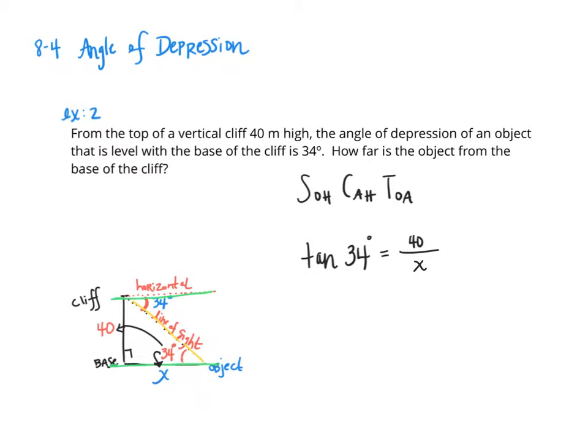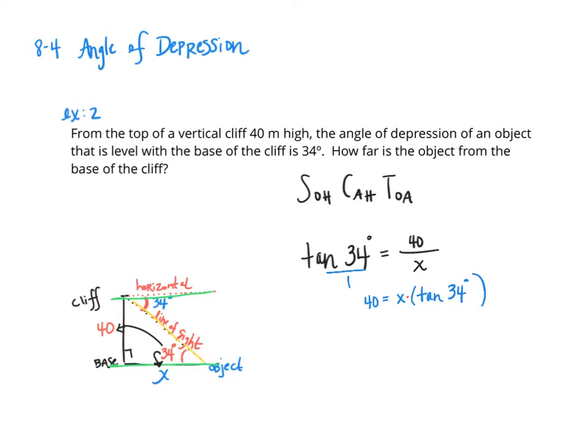So now I just need to put the tangent of 34 over 1, and I have a proportion, so I can say 40 equals x times the tangent of 34 degrees. Now, this is x times the tangent of 34 degrees. So ask yourself, what would you do to get x by itself if that was x times 5?